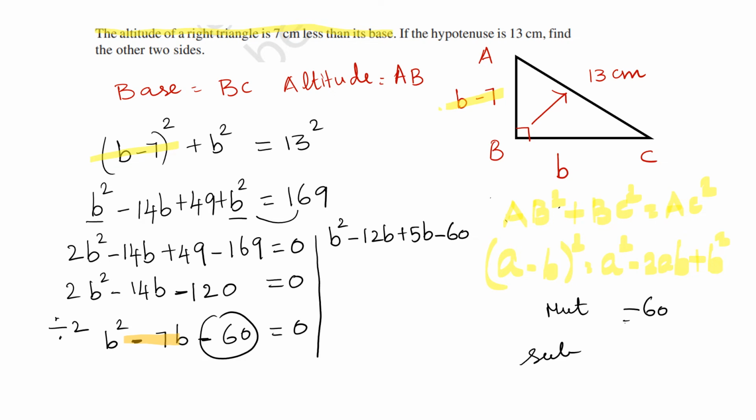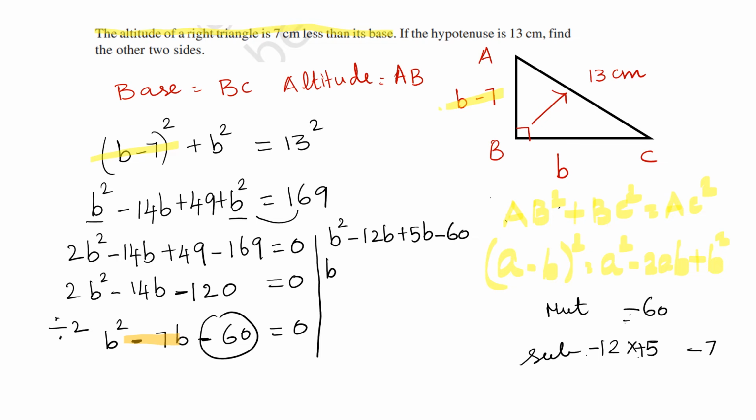So we can write 12 and 5. We have to put the big number with minus, and the small number with plus; signs are different, so subtract and put the greater number's sign.